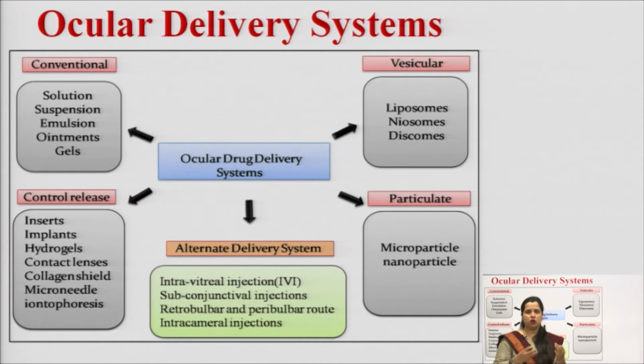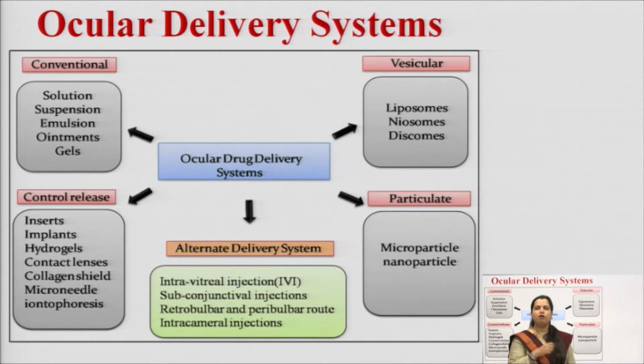Why? Because controlled delivery is not comparably well developed in the market in the current situation. I am not talking about the future, but the controlled delivery system is in the investigation stage. Some of the controlled delivery preparations are coming in the market and some are under investigation.